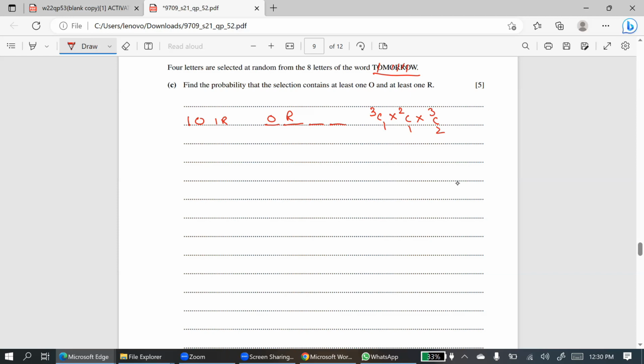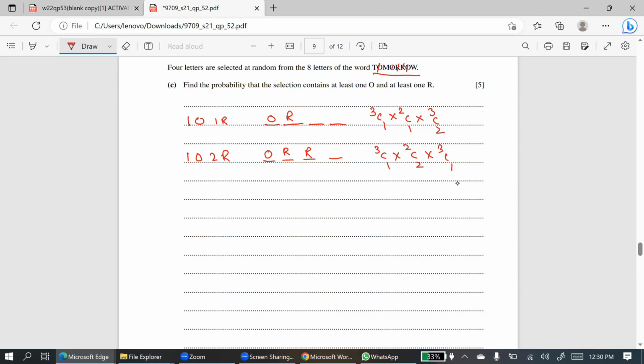Now, 1 O and 2 R's. For 1 O, the number of combinations are 3C1 into 2C2 for the number of 2 R's into 3C1.